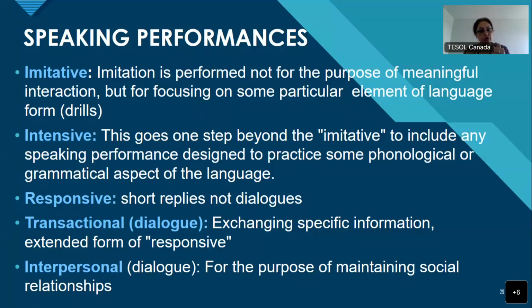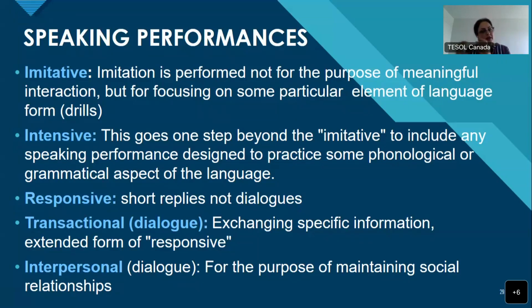And also you work on phonological or grammatical aspects of the language. So they add some new structures to the sentence: because, since, for, therefore, so, using cohesive devices, for example, just to make it longer. It could be responsive. You ask the whole class some questions and they answer.